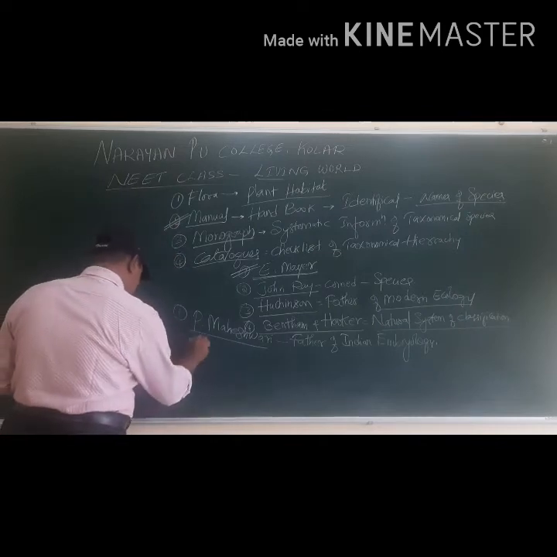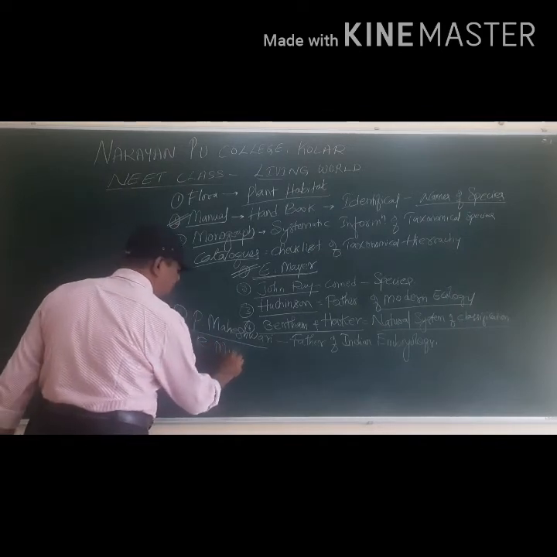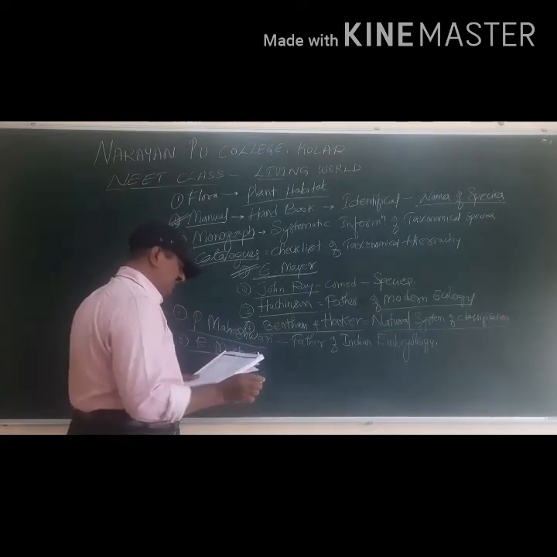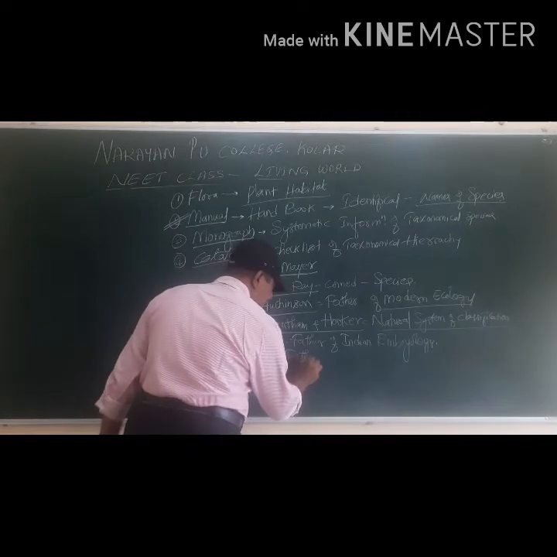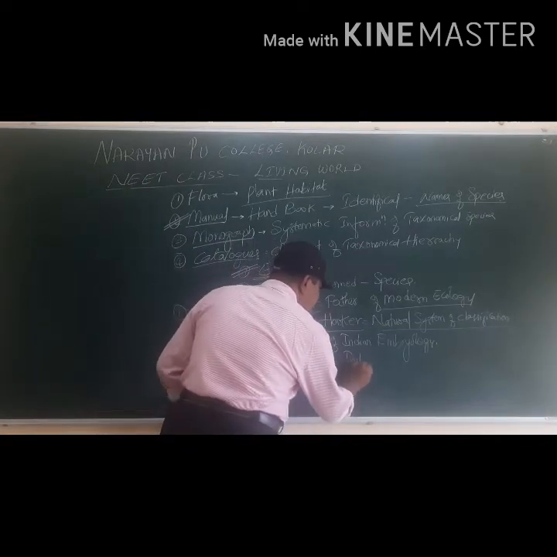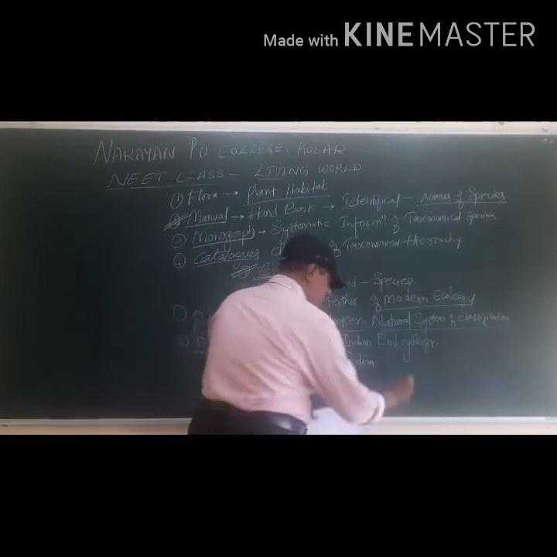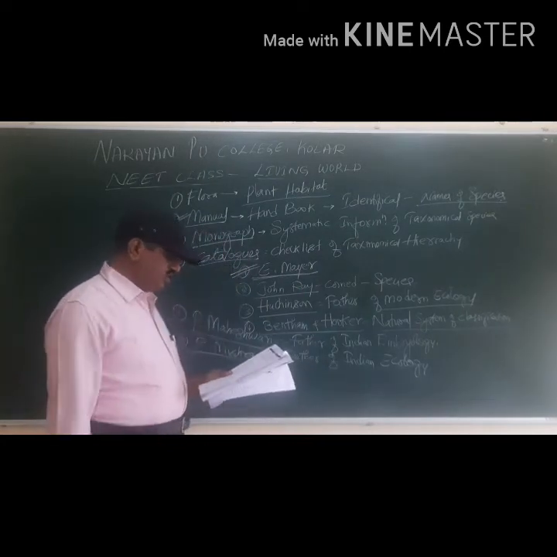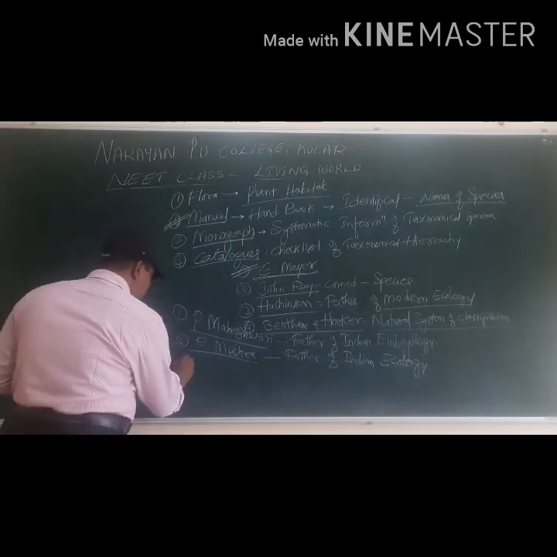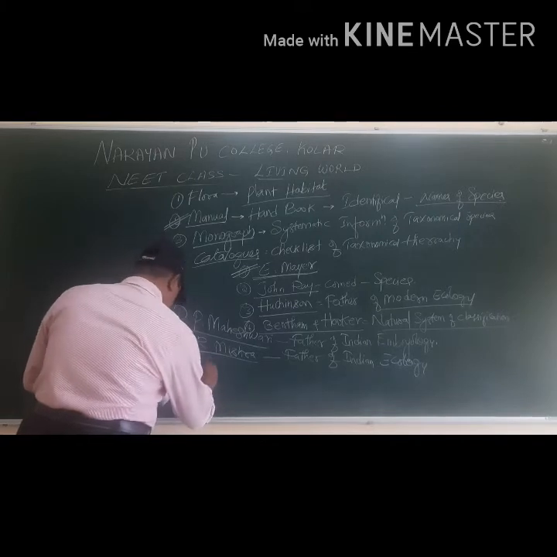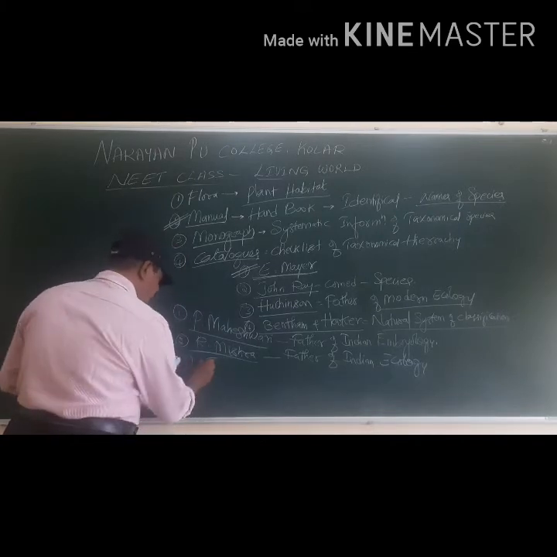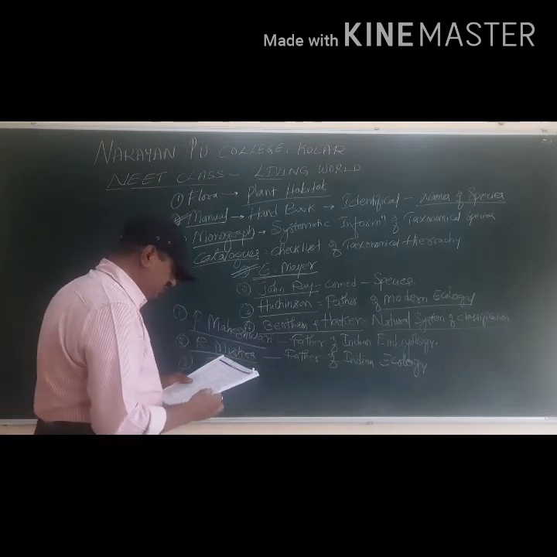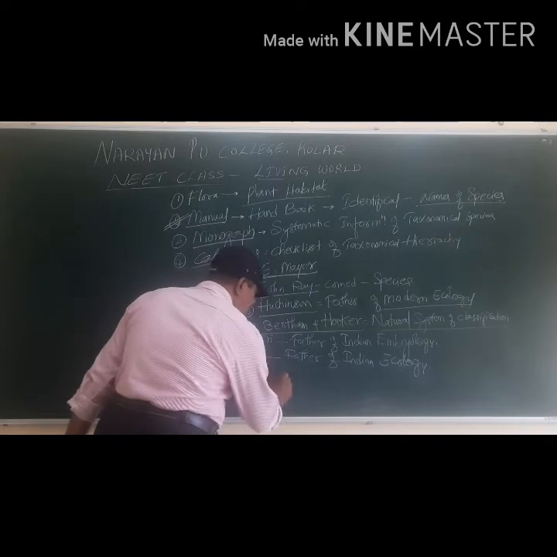The second one is R. Mishra. This person is called the father of Indian ecology. The third one is Yesu. This person wrote a biological essay.